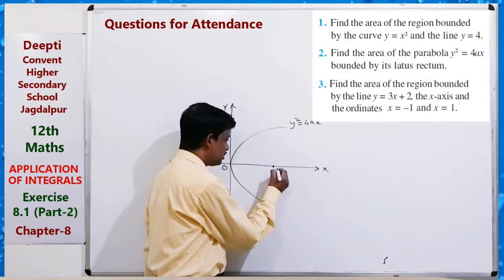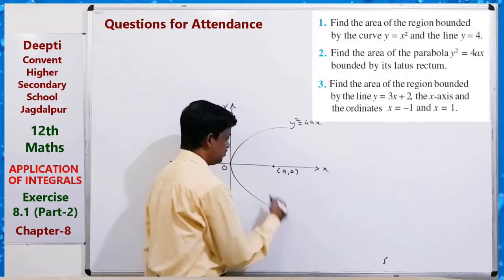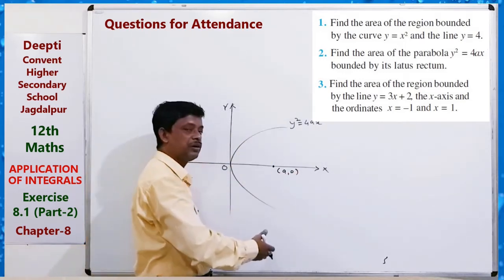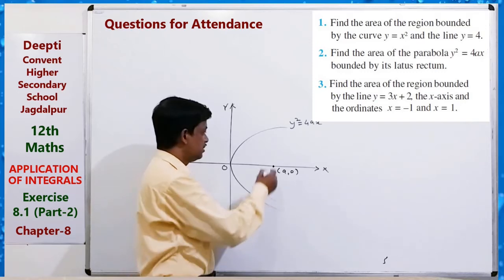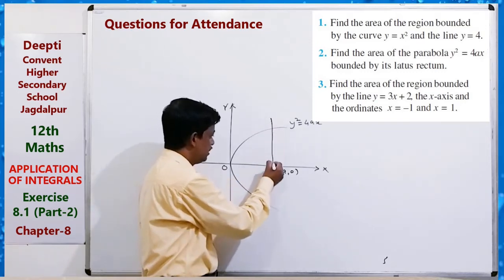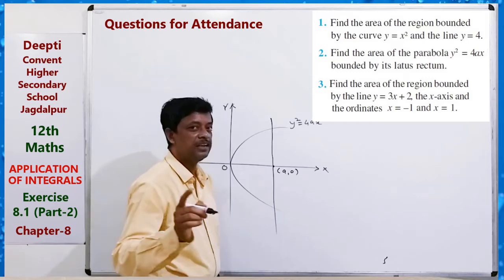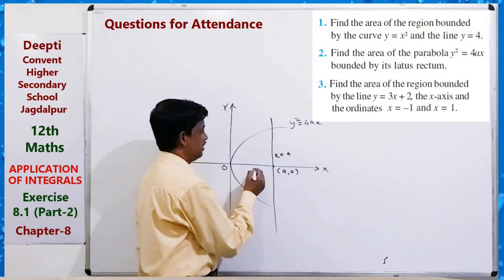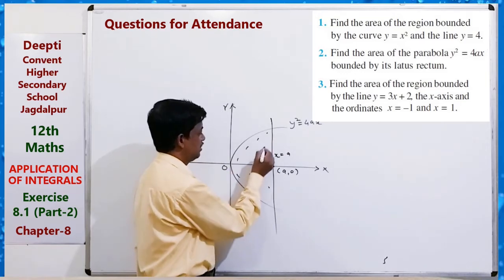If the focus of this parabola is (a, 0), then the double ordinate passing through focus, this line, is known as latus rectum. That is, here x equals a, and we have to find this area.